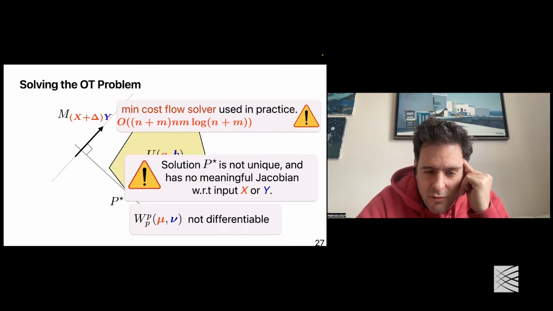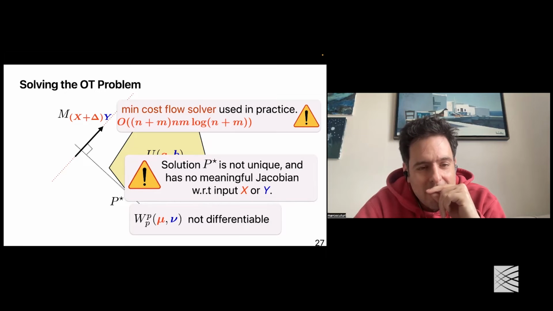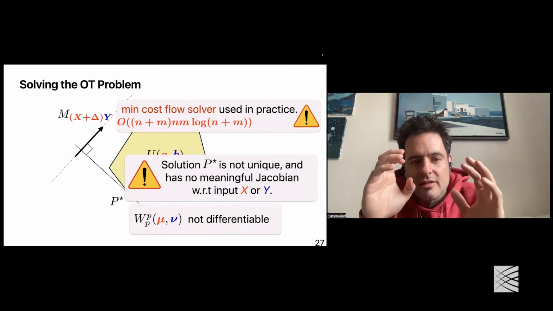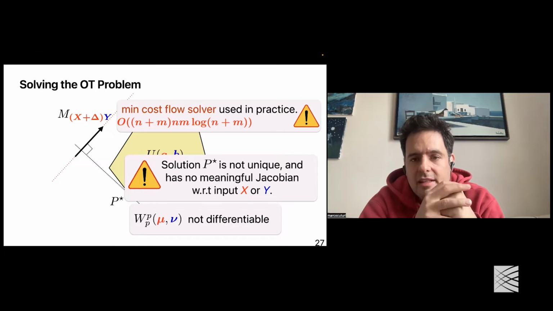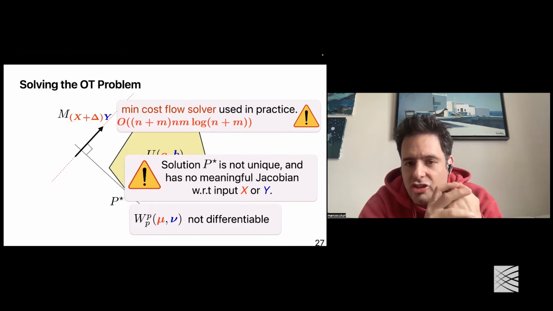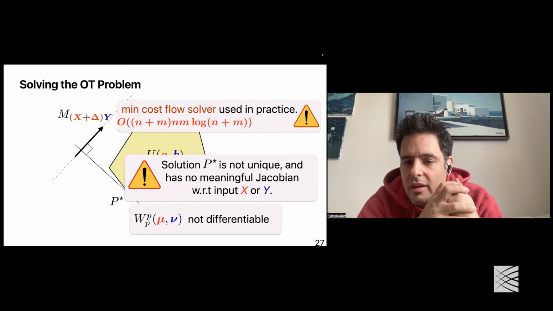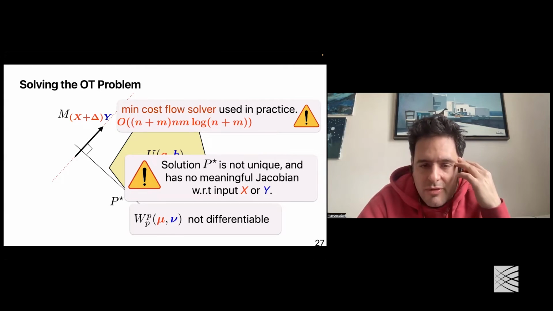So if you want to use a bit more mathematical terminology, this means that the way this P star matrix changes with the data is badly behaved, because as you've seen, either P star did not change at all for a while when I was changing my x's, or all of a sudden it jumped to a completely different value. So there's no meaningful Jacobian with respect to the inputs.